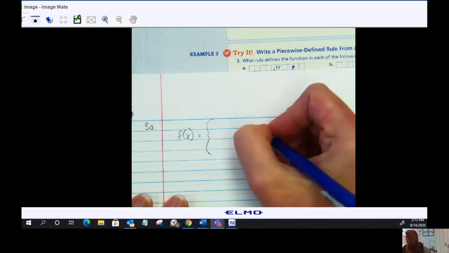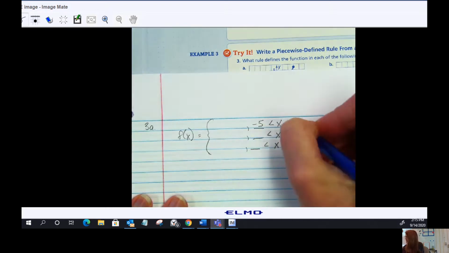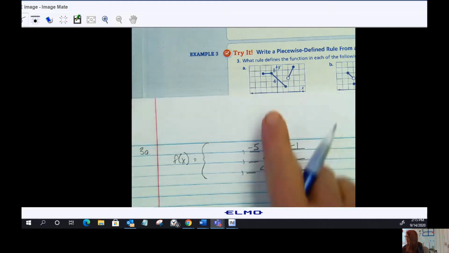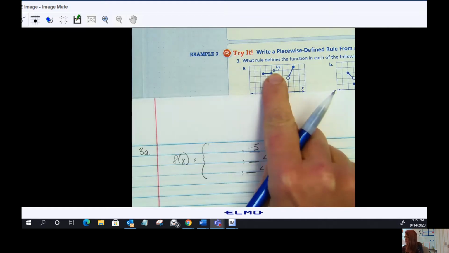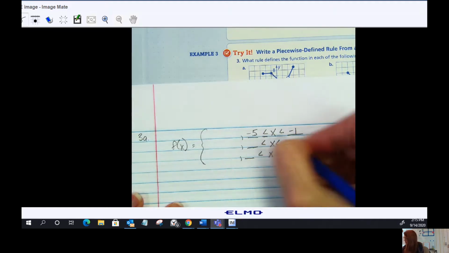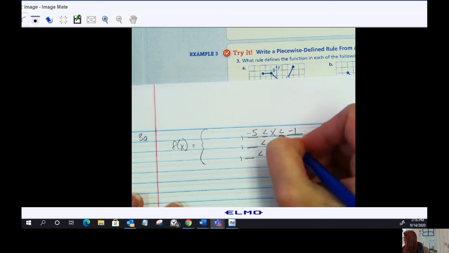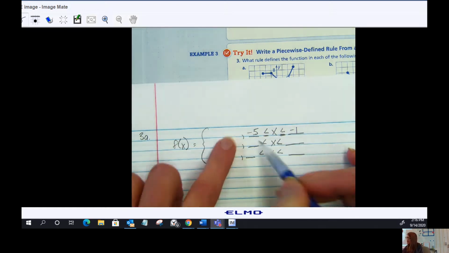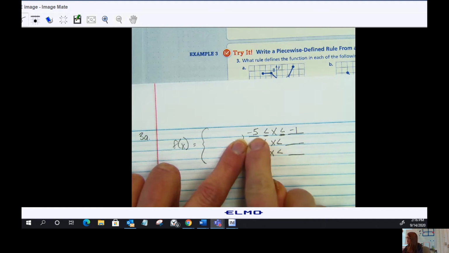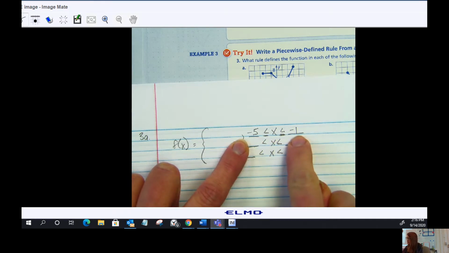So let's fill it in, -5 and -1. Both of these are closed dots, which means those values are included, so I'm going to put the little equal sign. So my domain of my first function is x such that x is between -5 and -1.